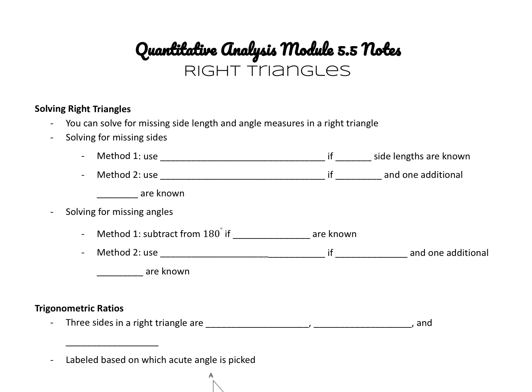If you're solving for missing sides, there are two methods you can use. The first one is the Pythagorean theorem, and we use that if two side lengths are known. So if you know two of the sides and you're trying to find the third, you can use the Pythagorean theorem.